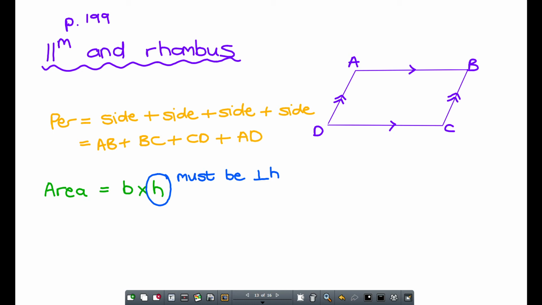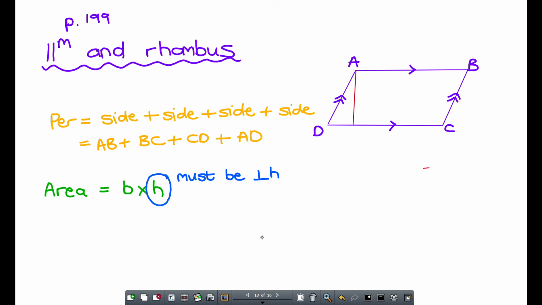So if you look at my sketch that I've got here, do we have a perpendicular height? No. Okay, so you can have height, it's usually in the corner here.